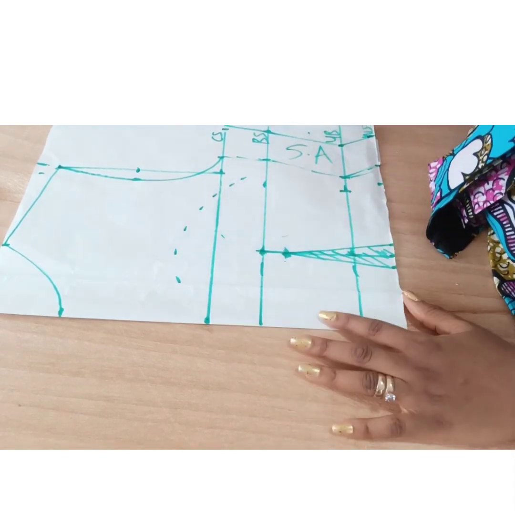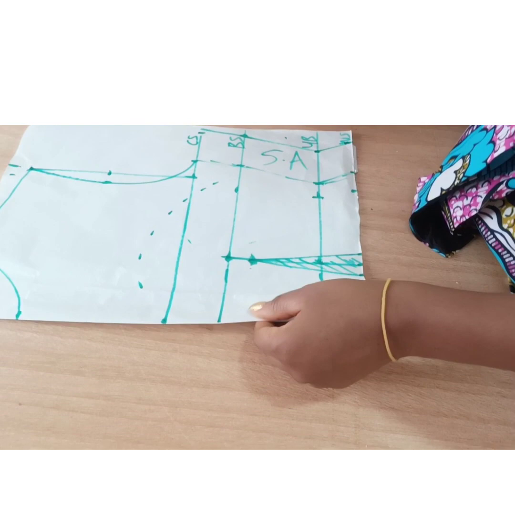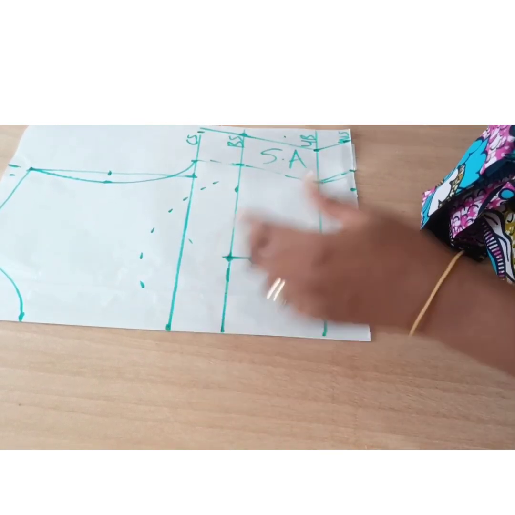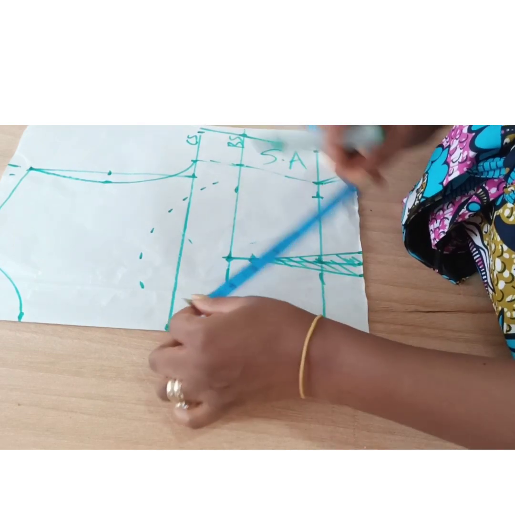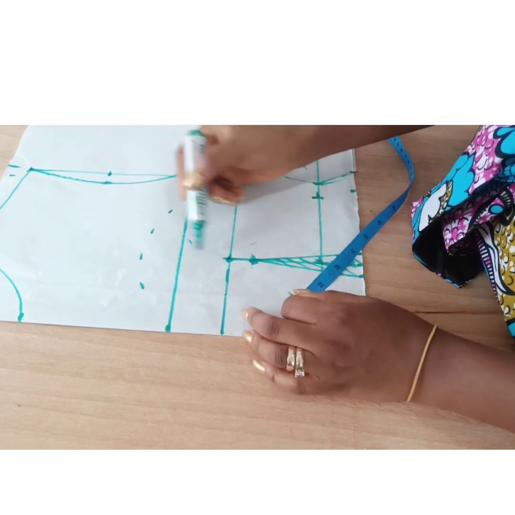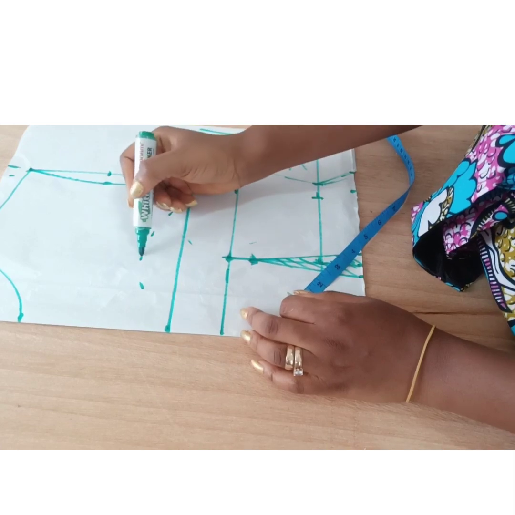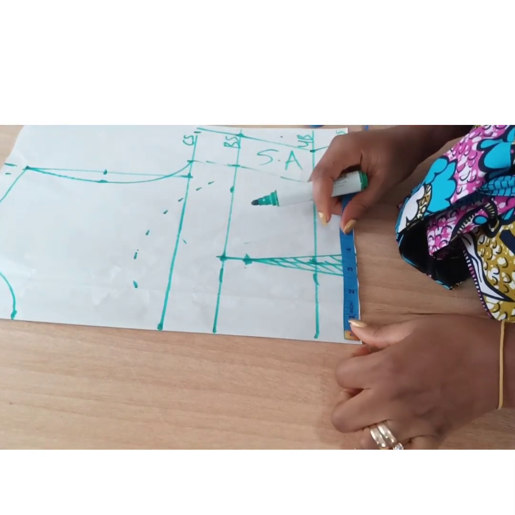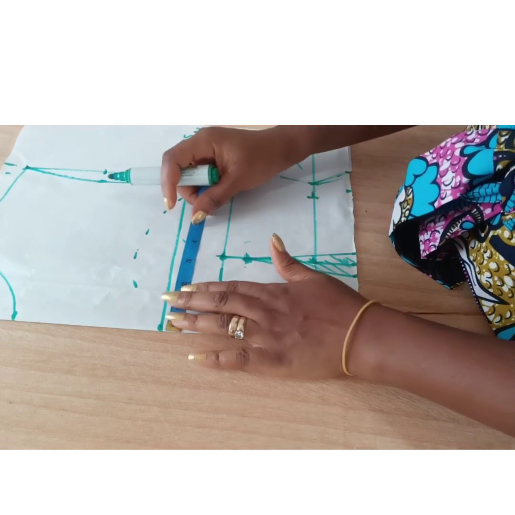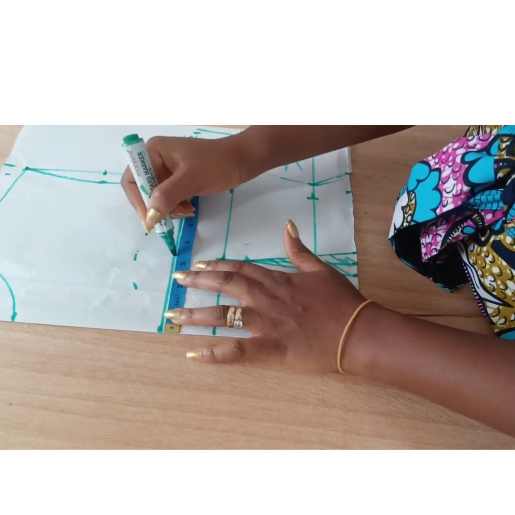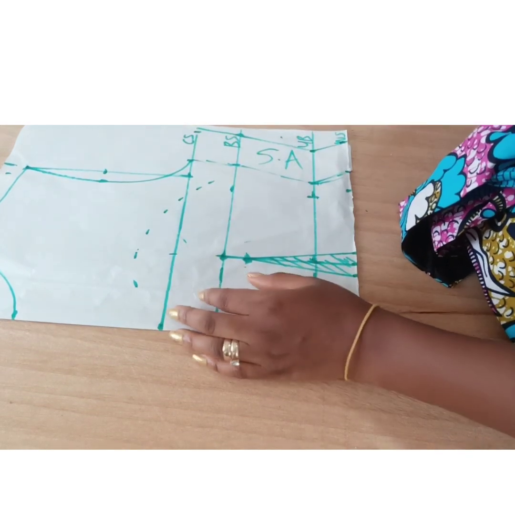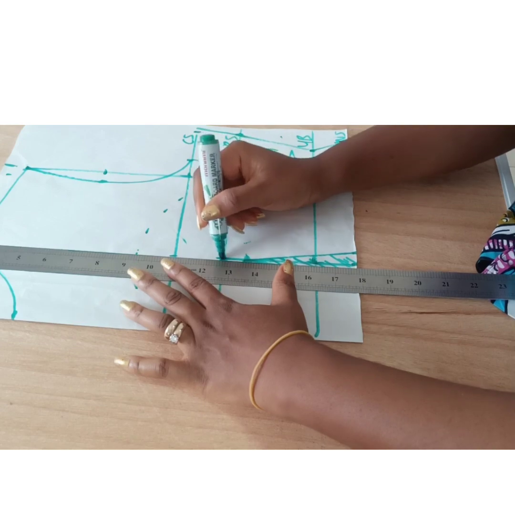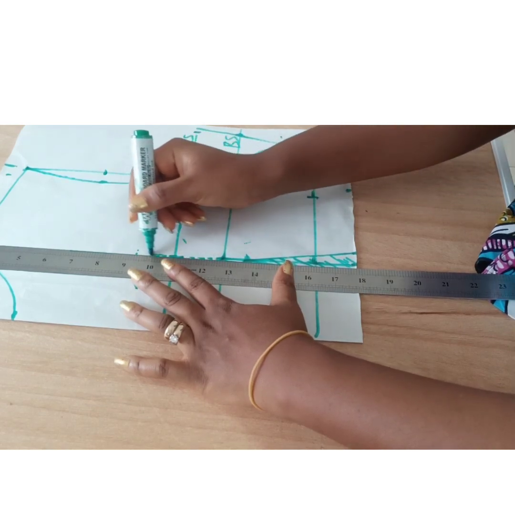So if you want to convert to a bustier pattern, we'll extend this dart upward to meet this line. Don't forget the dart, we took it with half of the bust span measurement, so just extend that line upward. Like so.